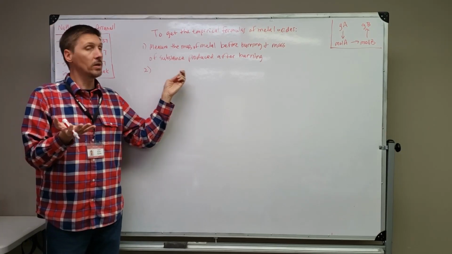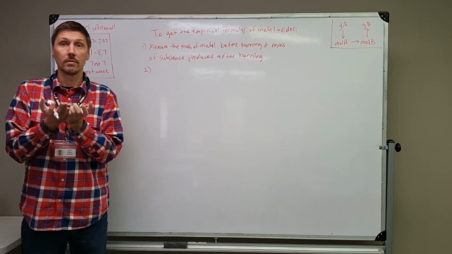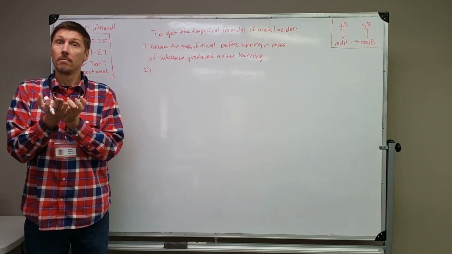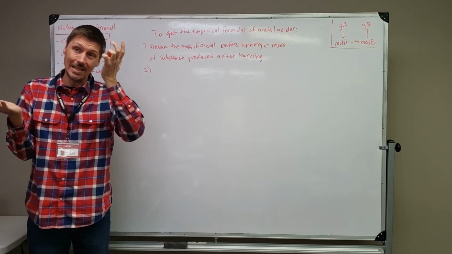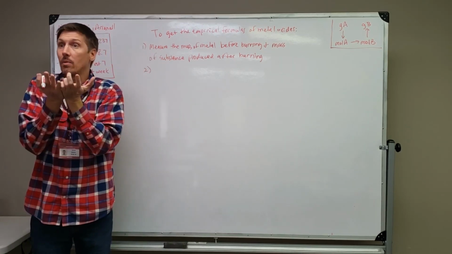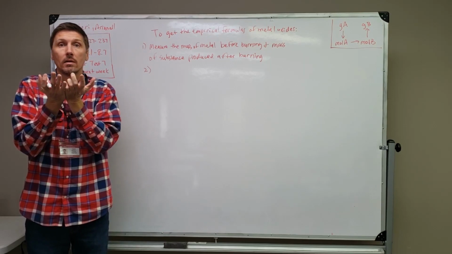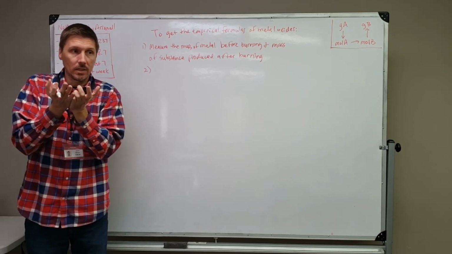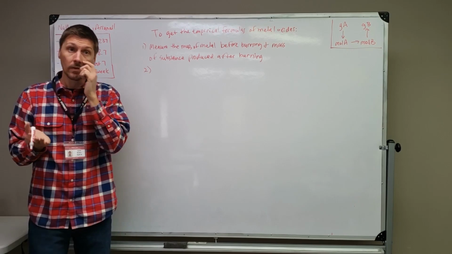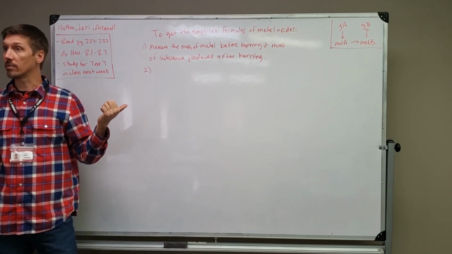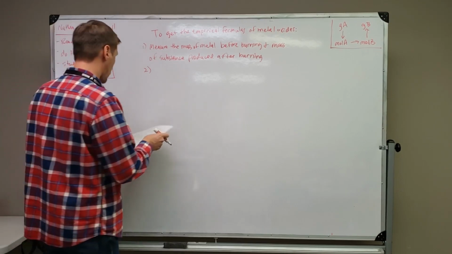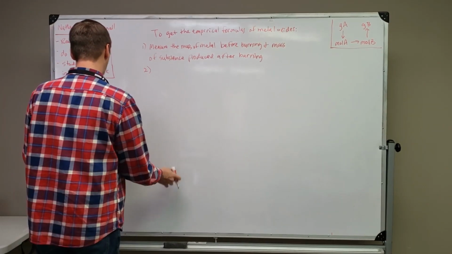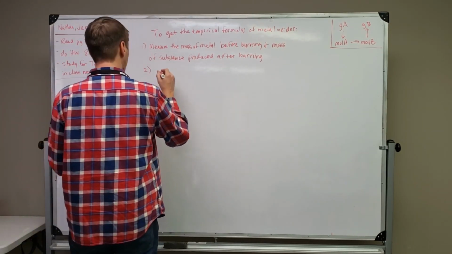But we're burning this metal to form a metal oxide. Yes? Wouldn't it be the same? Nope. It would be greater, and the reason why is because this metal oxide is the original metal combined now with oxygen, right? So since the oxygen has been combined to form this new compound, then the mass at the end is going to be greater than it was before. All right, that's what happens with metal oxides. Your metal combines with the oxygen to form a new compound.